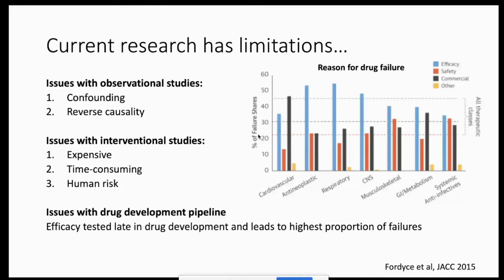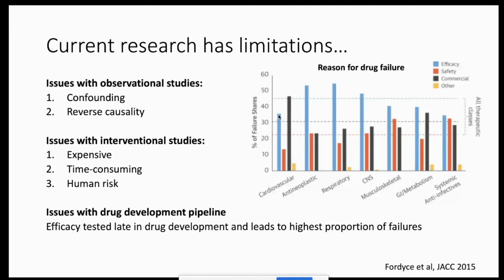This study describes this quite nicely. On the x-axis, we have different disease states. For example, in cardiovascular disease, the blue bars show efficacy, and that led to maybe 35% of the failures in cardiovascular drug development.